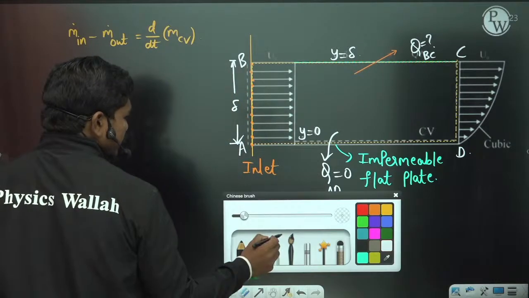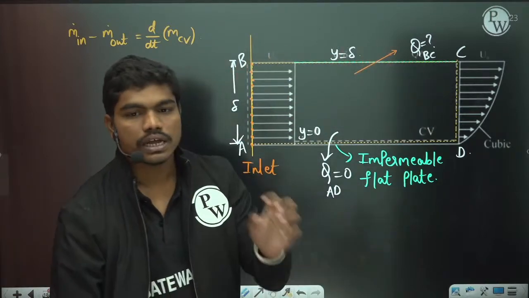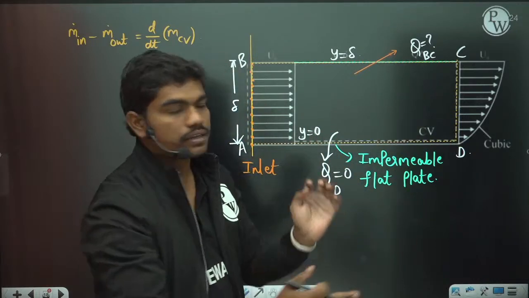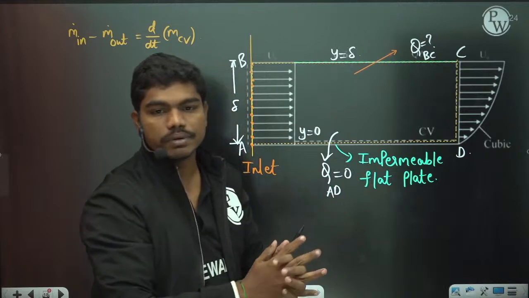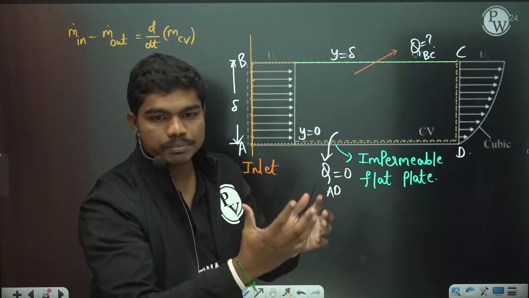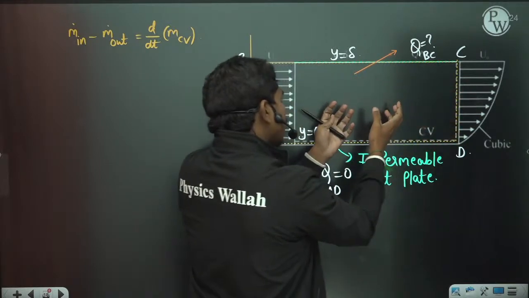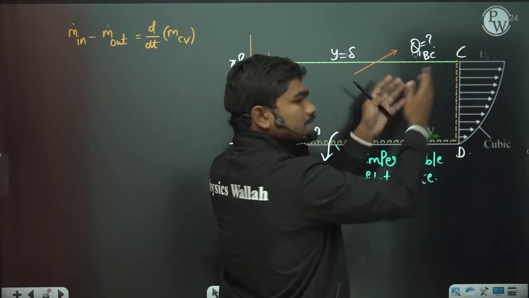So tell me one thing, if you have some flow like this, can the plate hold some fluid in this? Means can the plate store some fluid, or whatever is coming in should go out? Definitely, there is no empty space here, the space above the plate is having some flow, so it cannot be that in this volume some fluid can stay for some time or some fluid can excessively go, correct?